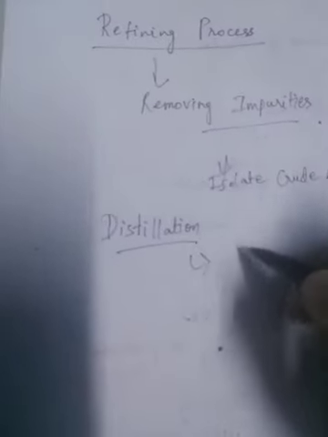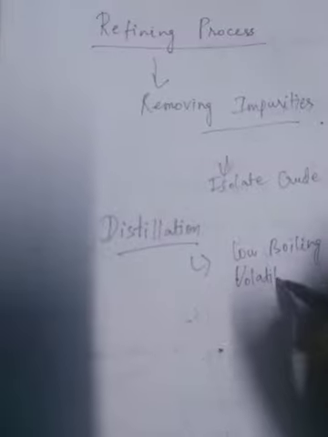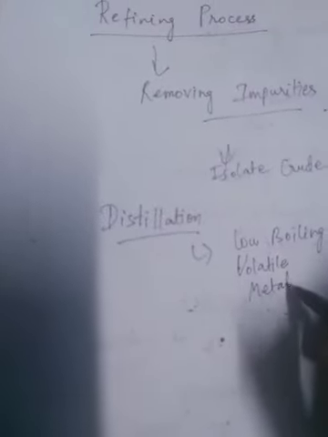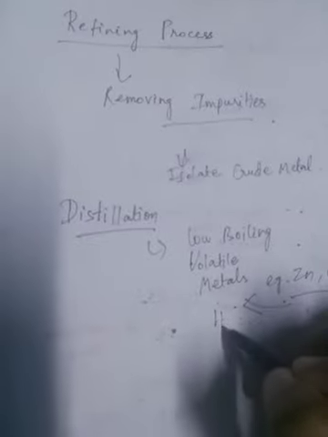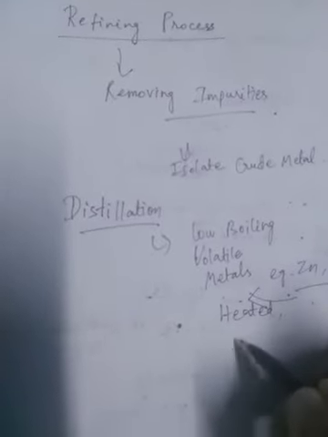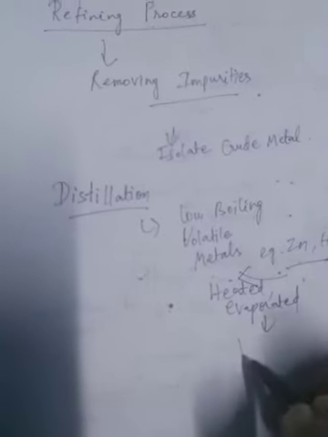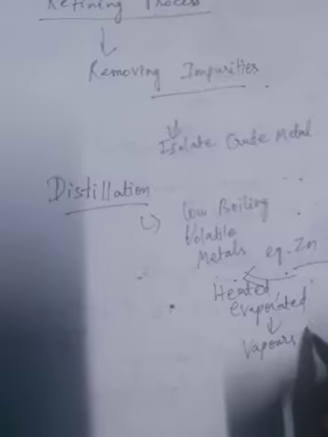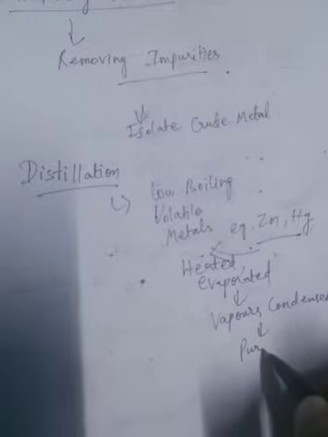Distillation is for low boiling volatile metals, for example zinc, mercury, etc., which can be heated, evaporated, and the vapors are condensed to get pure metal. So this is the distillation process.